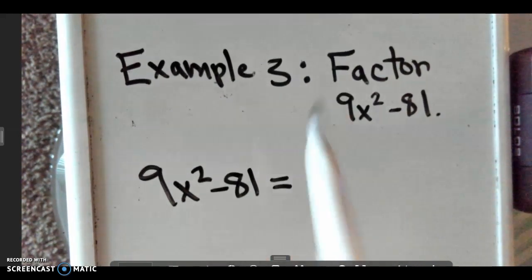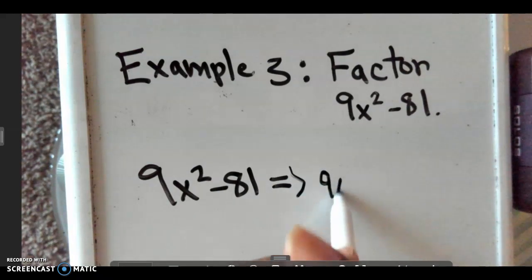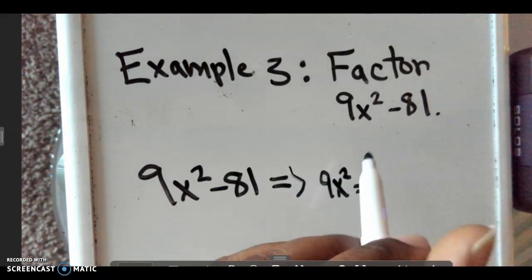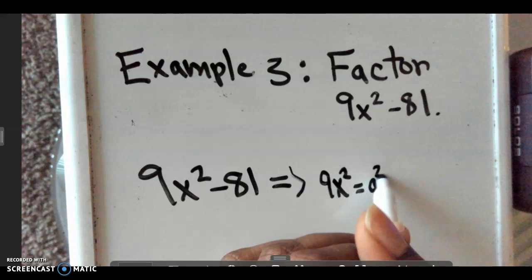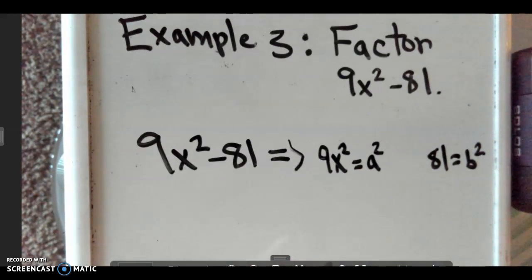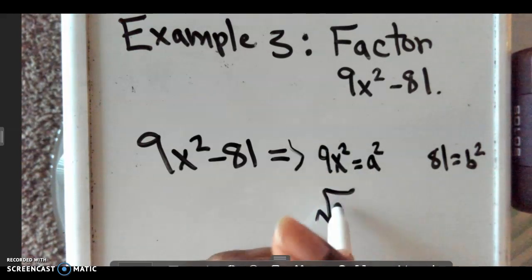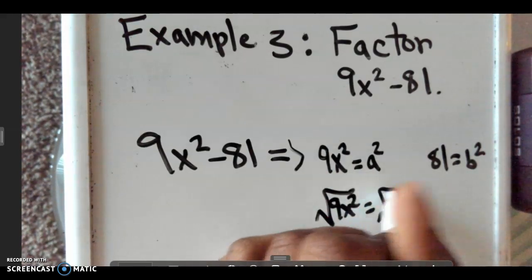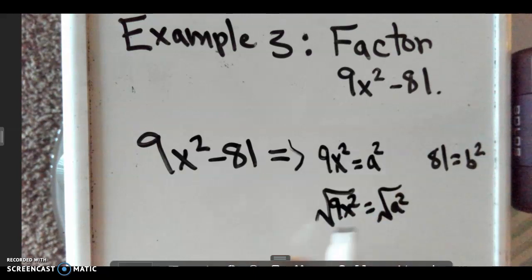So, looking at our example here, our 9x squared is going to represent the a squared. The 81 is going to represent the b squared. Looking at that pattern, we're going to take the square root of both sides of our equation. The square root of 9 is 3, and the square root of x squared is x.